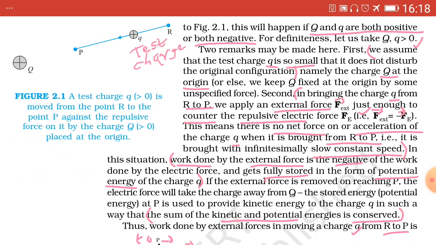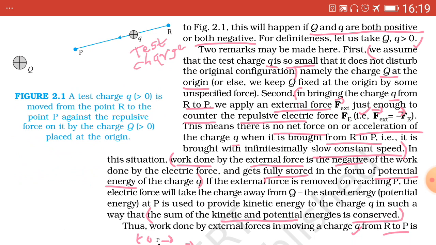The arrow has to be drawn on F, which I have drawn, to counter the repulsive electric force, that is F external vector equal to minus Fe vector. This shows that there is no net force or acceleration of the charge small q when it is brought from R to P.